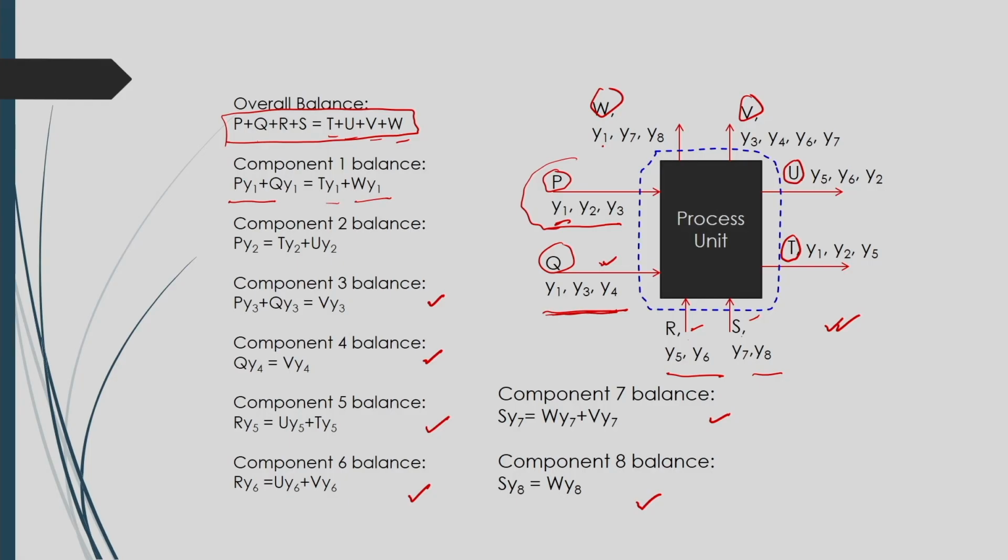Now, of course, for a particular process unit, some amount of input will be there. You cannot have all the variables unknown in the process unit. Some input will be there, some output of course will be there. That should be experimentally determined, or it will be known to you. From those you can minimize the number of equations.